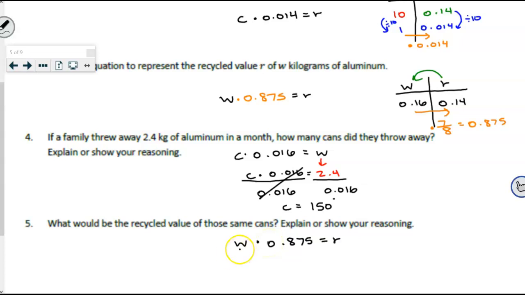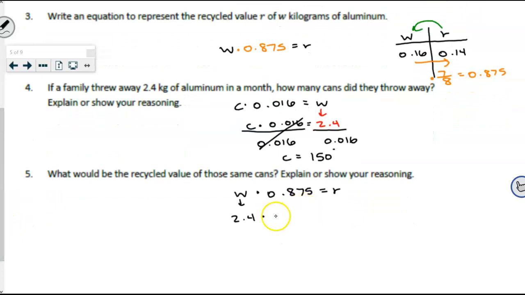The weight that it gives us is in this previous problem. It's that 2.4 kilograms, so that weight is 2.4. We take that 2.4, we multiply it by the constant of proportionality in that equation, 0.875, is equal to R, the value. When I recycle those 150 cans, or those 2.4 kilograms of cans, what do we get?